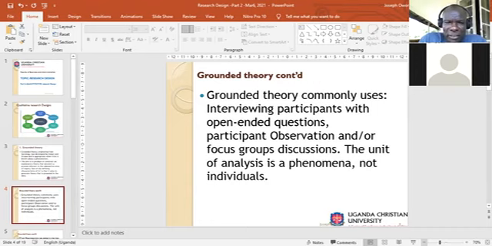All those is phenomena, not particular individuals. General phenomena. Okay, so you observe the phenomena and you can be able to generalize somewhere later what you have observed.